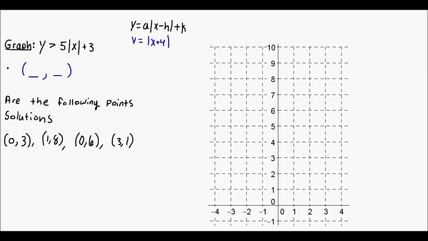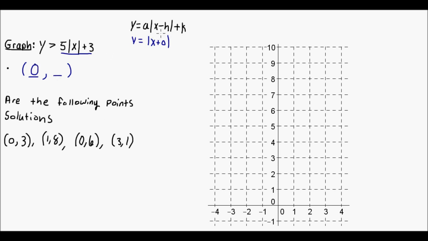But in this case, I don't have either one of those. Nothing is being added to the x. In fact, the absolute value of x is the same as the absolute value of x plus 0, because this is just x. So the x component of the vertex will be 0.